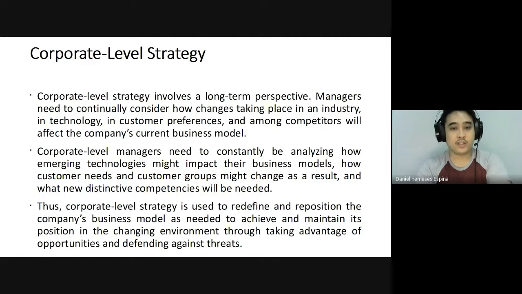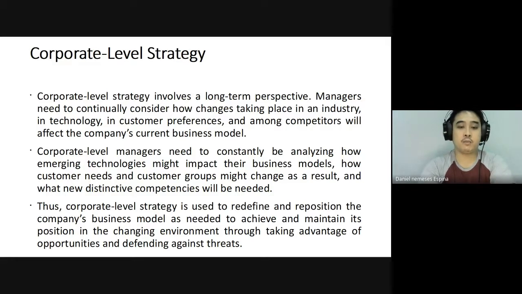So corporate level managers need to constantly be analyzing how the emerging technologies might impact the business models, how customer needs and customer groups might change as a result, and what new distinctive competencies will be needed. So the corporate level strategy is used to redefine and reposition the business model.